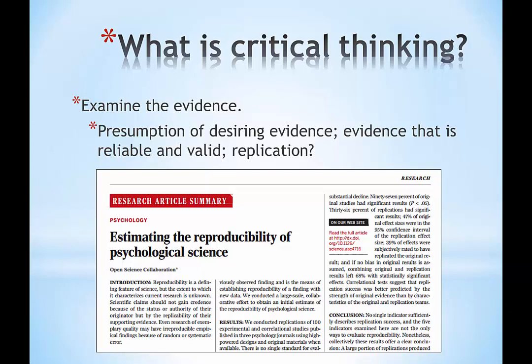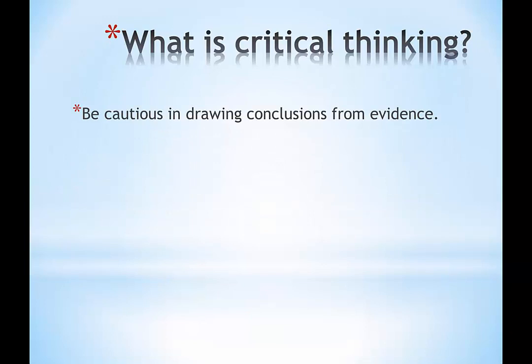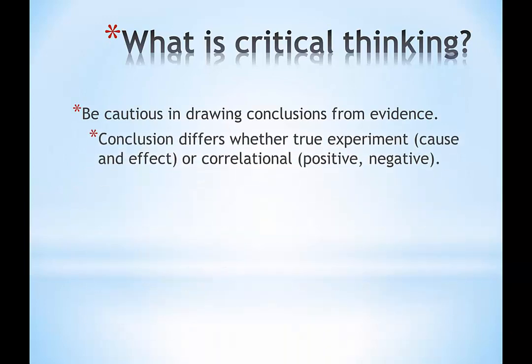Now, on top of that, we want certain types of evidence, and we want to be cautious in drawing conclusions from evidence. Different types of evidence allow for different types of conclusions. And so the classic example that we tend to talk about in research methods is a correlational result versus a causal result. The gold standard really is cause and effect.